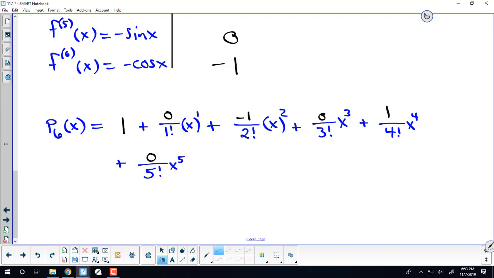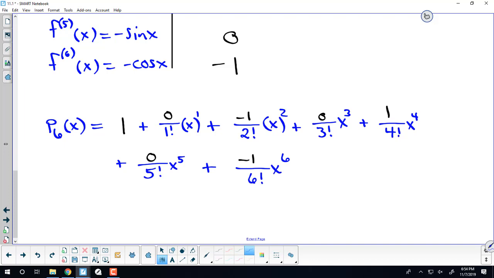And the sixth term, coefficient -1 over 6 factorial x to the sixth. So whatever the nth order Taylor polynomial, you have to work down all the way to the nth derivative and put all of those coefficients in.